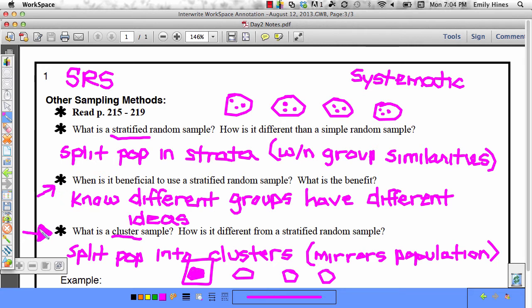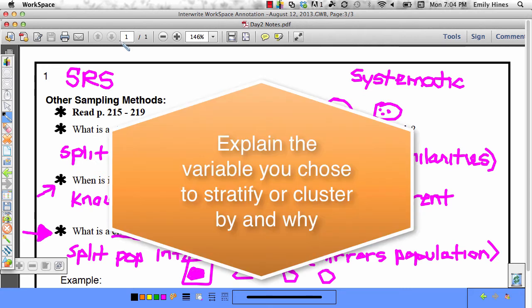However, for that to work, you'd have to make sure gender did not have an impact on it. The big thing for the AP test is to be able to explain why you chose a variable to stratify by, or why you chose to cluster and what groups you chose to cluster. You need to be able to explain the choices that you make.